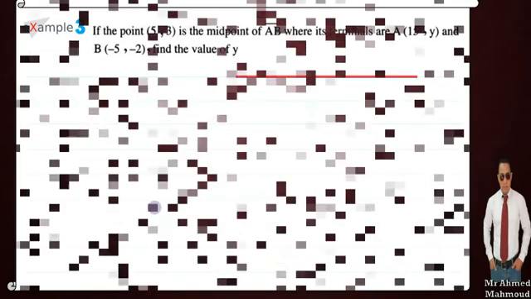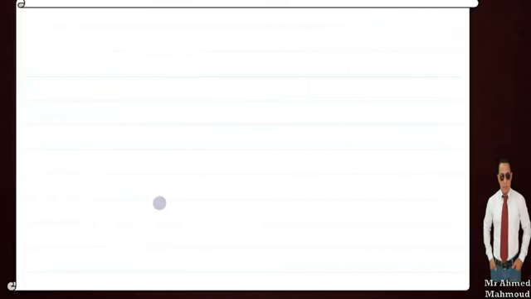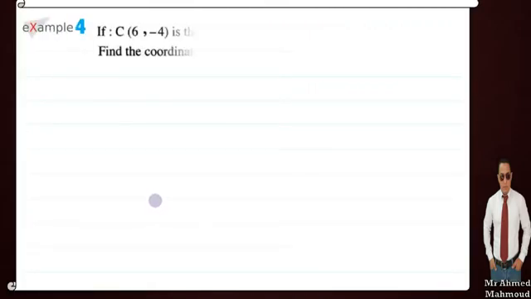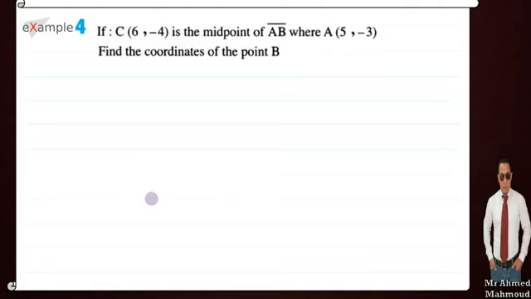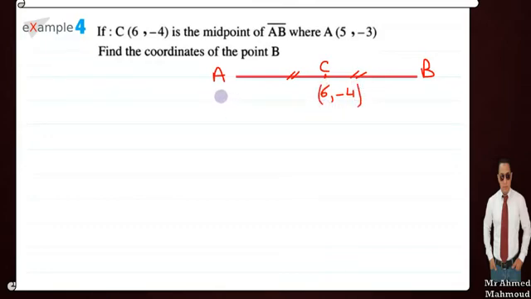The next example. Example 4. C (6, -4) is the midpoint of AB where A equals (5, -3). Find the coordinates of B. Now I'm going to draw the line segment like this. Here C is the midpoint of line segment AB. C equals (6, -4). A equals (5, -3).